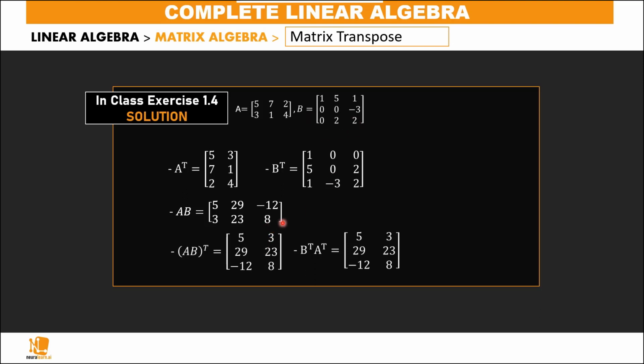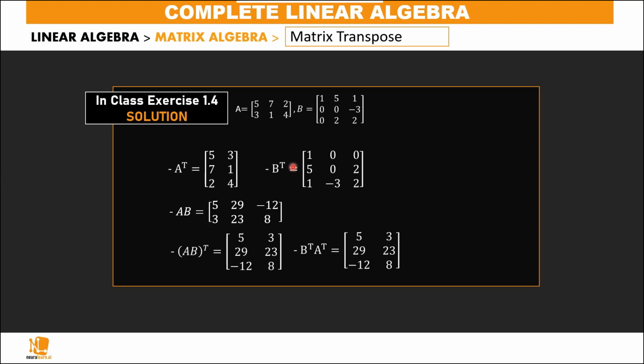So we have AB. Now, for AB transpose, the first column becomes the first row, the second column becomes the second row, and the third column becomes the third row. Now we multiply B transpose by A transpose.